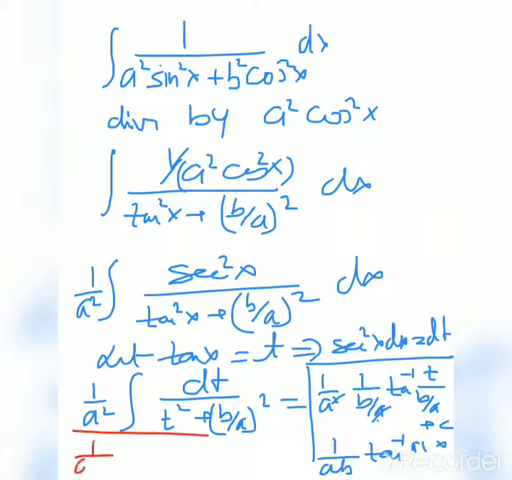1 upon ab tan inverse a tan x upon b plus c. So this is ultimately the question which we need to do. It's a good and important question, important for examination purposes also.